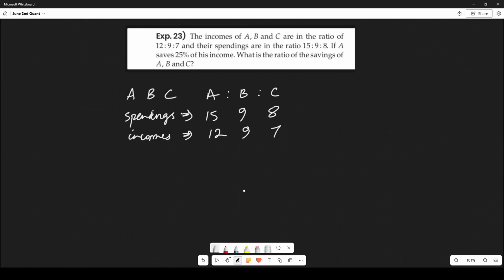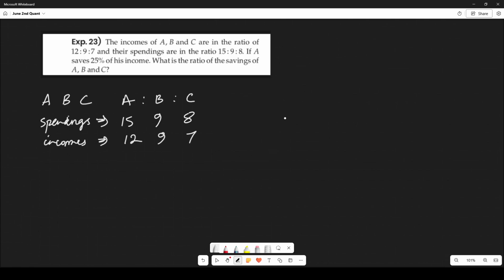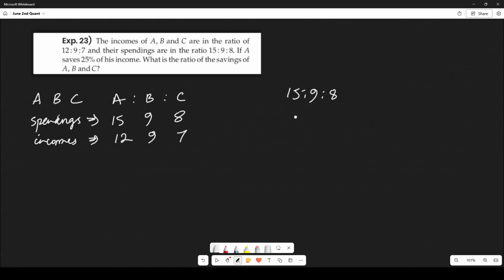Just a few key points to keep in mind. When we're dealing with ratios, 15 is to 9 is to 8, we always have to keep in mind that when we add them all up, whatever we get, which is 15 plus 9 plus 8 in this case, which leads to 32, is not the total, but the total number of parts.